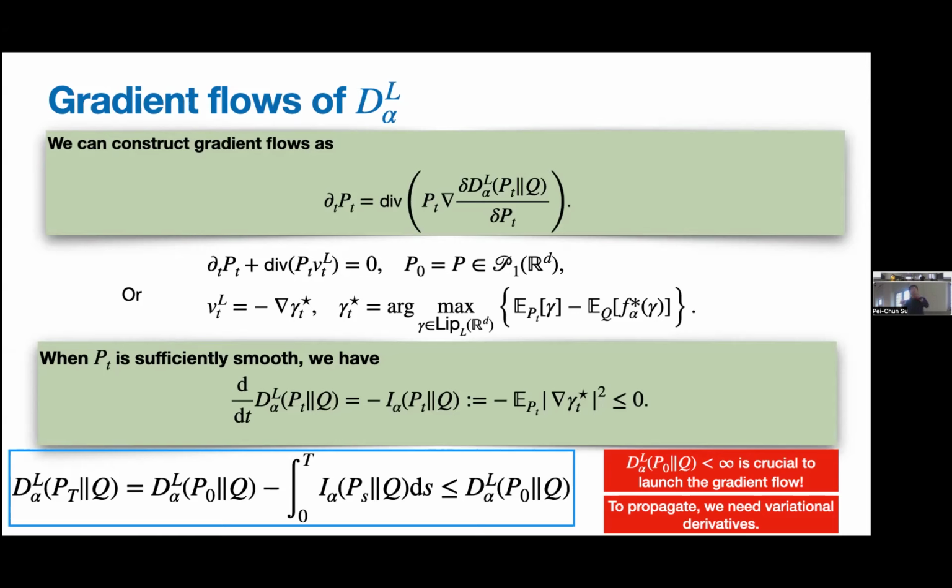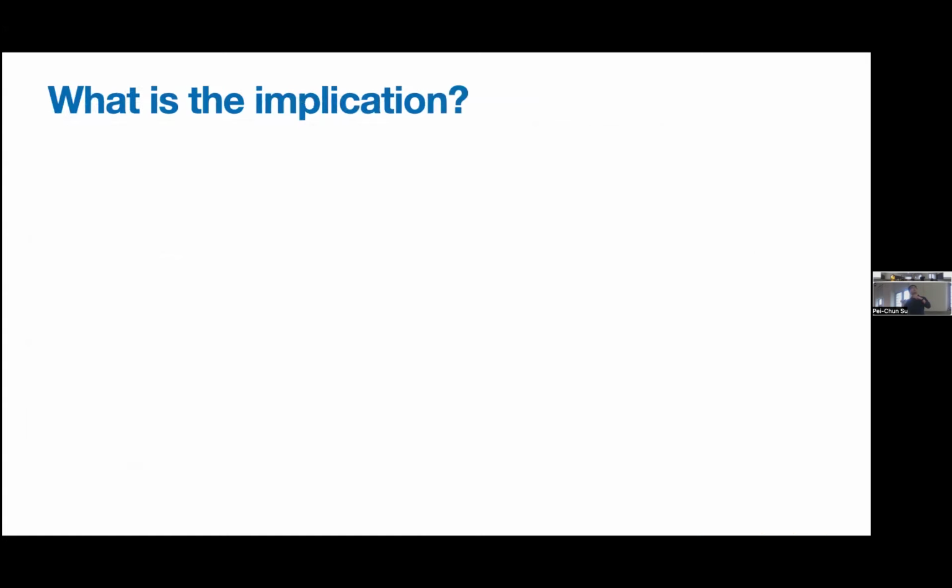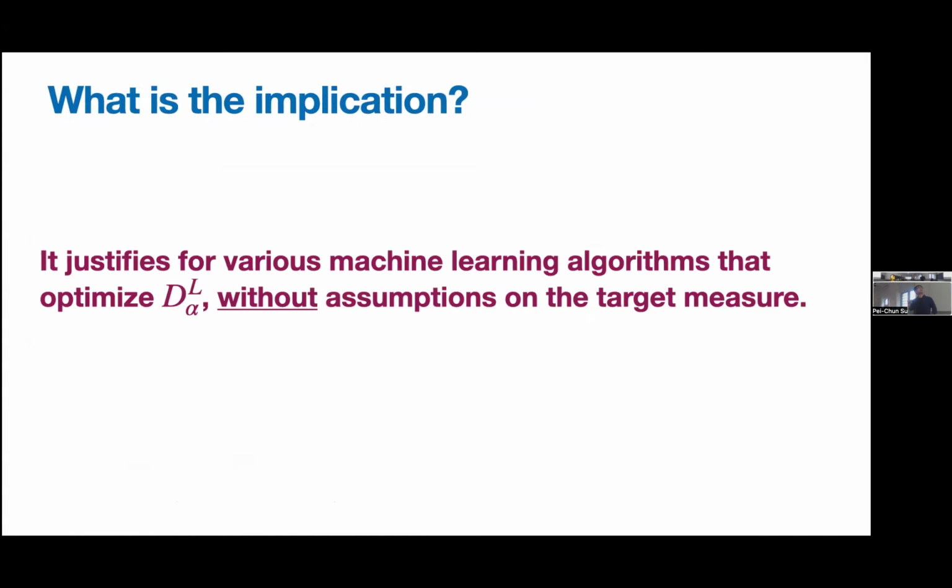So to summarize, the finiteness of this divergence between P and Q is crucial to start the gradient flow, and in order to further propagate, we need a well-defined variational derivative of the divergence.